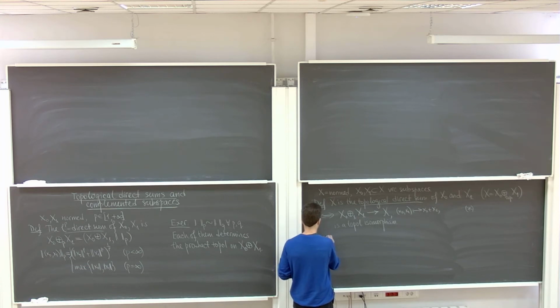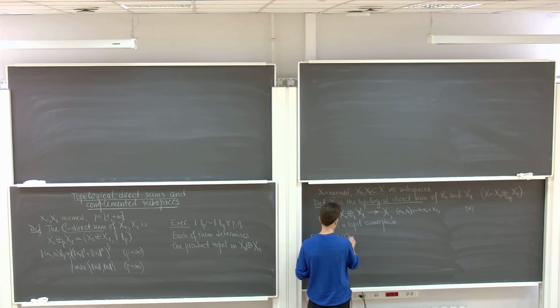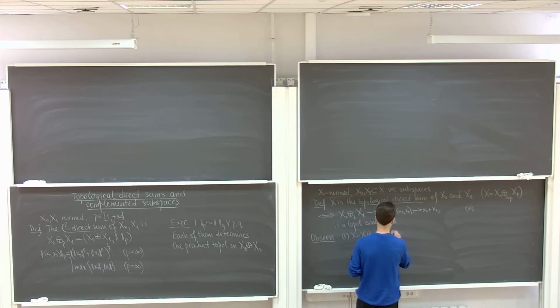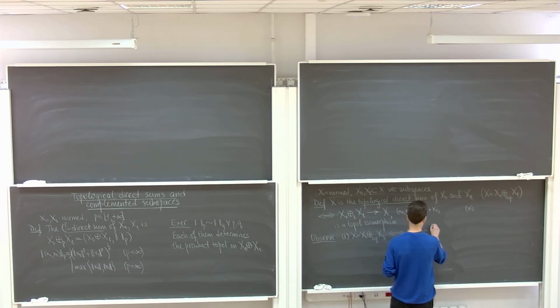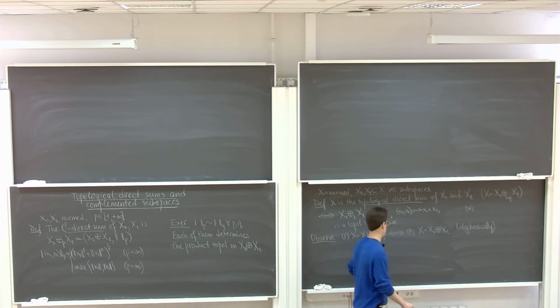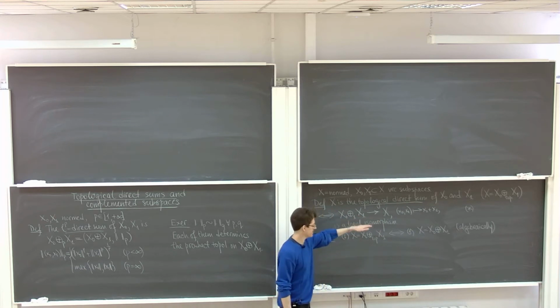So as a result, this is our first observation, that X is the topological direct sum of X0 and X1 if the following two conditions are satisfied. First, X should be the algebraic direct sum of X0 and X1. This means that this map is an algebraic isomorphism.